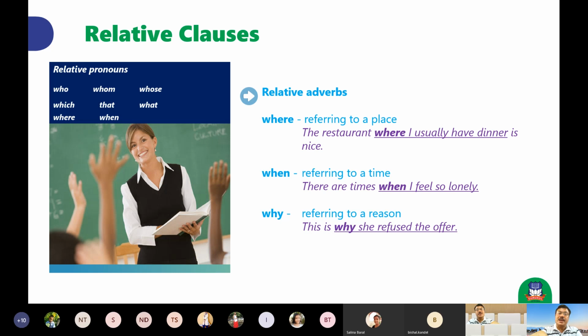When means time, yes? There are times when I feel so lonely. When, as a relative adverb, is there. So when I feel so lonely, this is time.